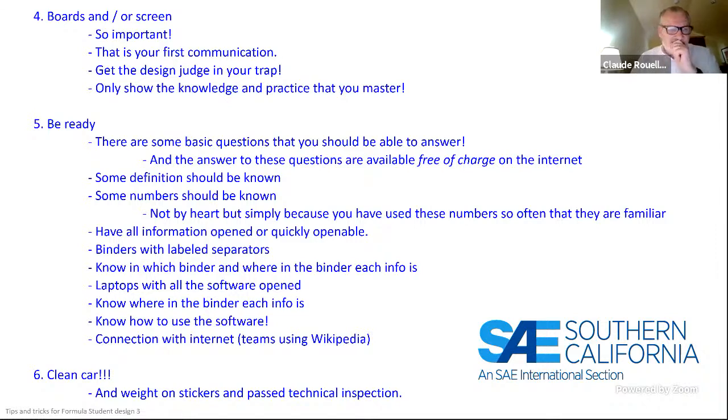It is okay if you have a difference of a few kilos between the weight that you announced in your design report and the weight that you measured on the scale during technical inspection. Usually the cars are always a little bit heavier, okay? But if you have 20 kilos of difference, that is a problem, because that means you were not good enough to predict what the car weight was going to be.